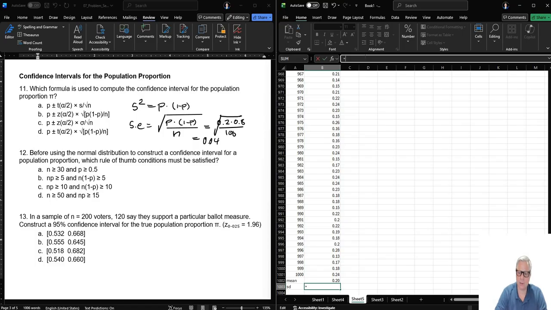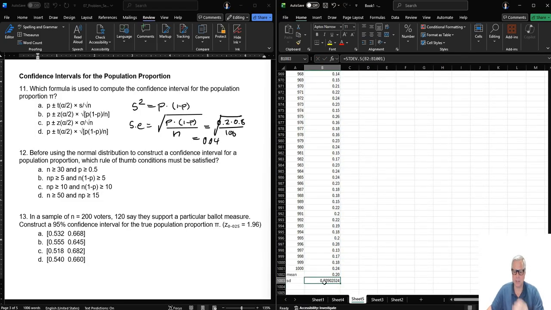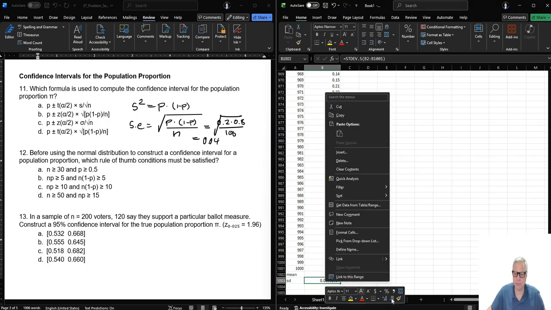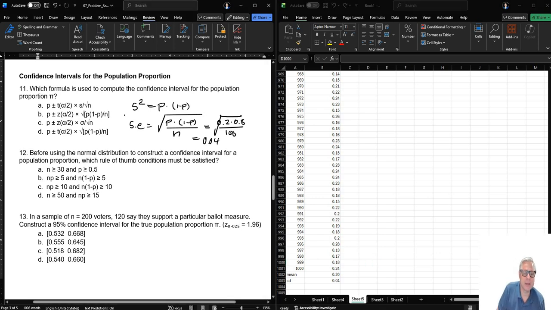Equals standard deviation sample of all those sampling proportions. And it is indeed 0.039, but you can see that it is basically 0.04 if you round it to 2 digits. So this is the standard error here. So this is an important formula that we need for the proportion.